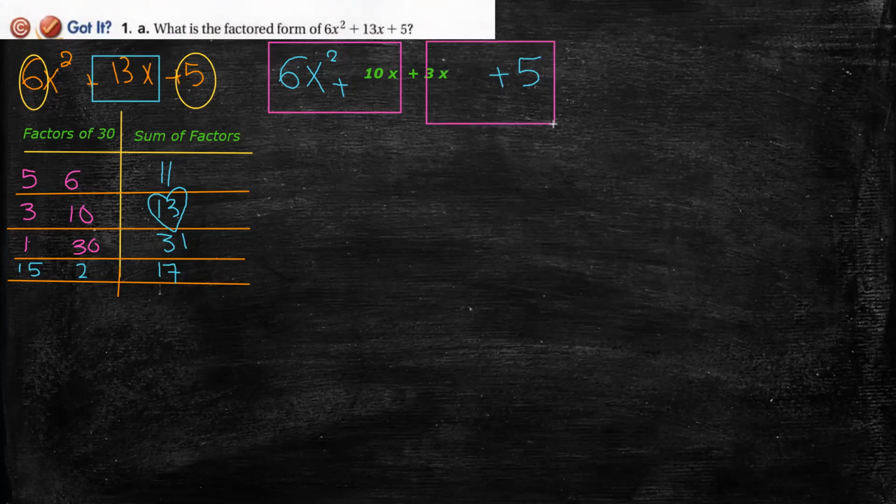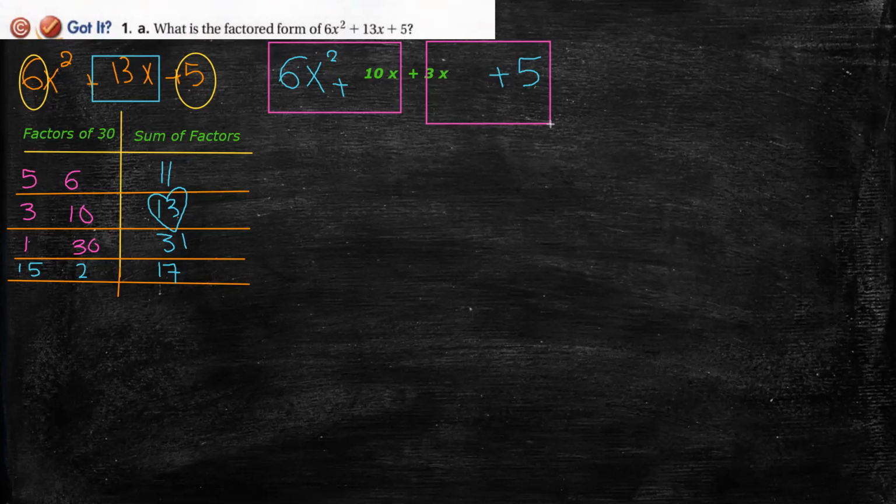If you wrote them 10x plus 3x or 3x plus 10x, you will do different steps, but you will get the same answer at the end. If one of you asks, teacher, can I write it as 3 plus 10, not 10 plus 3? Yes, you can do this step also.